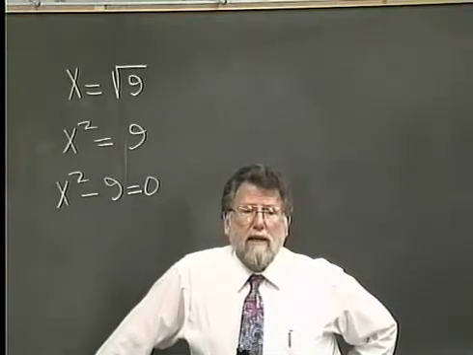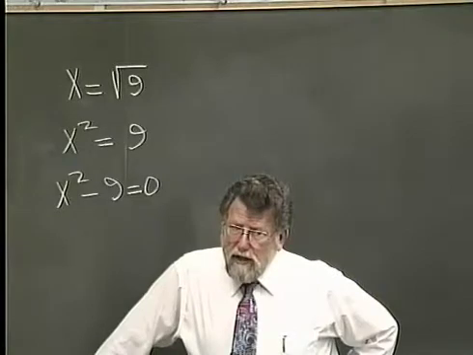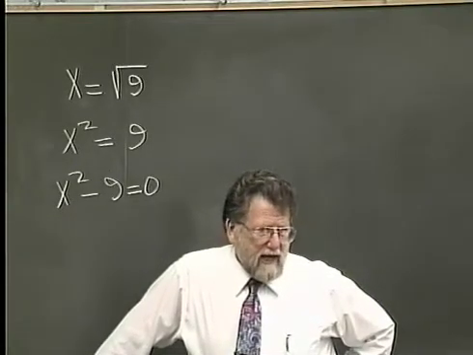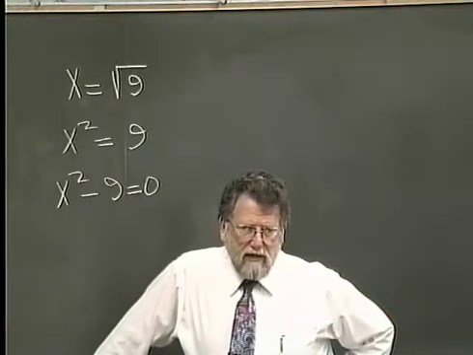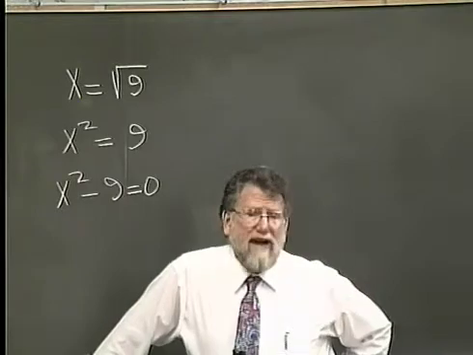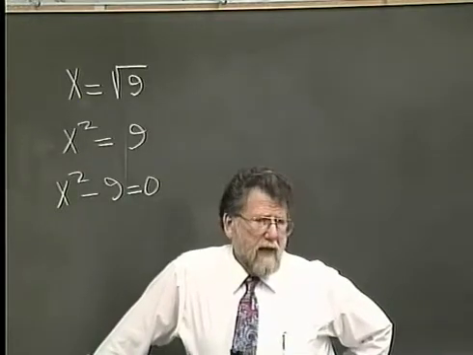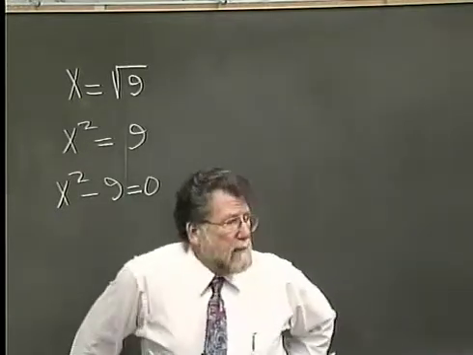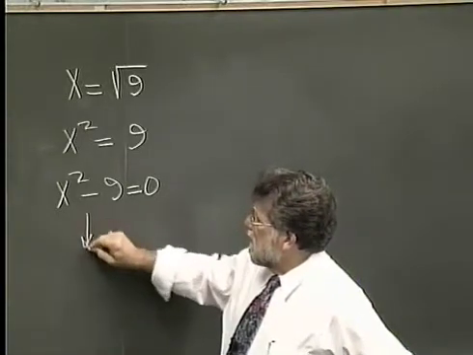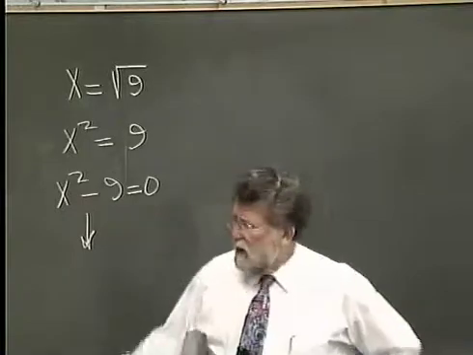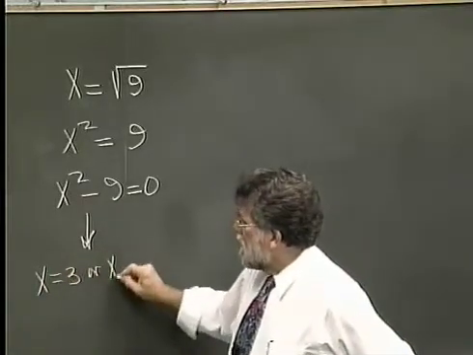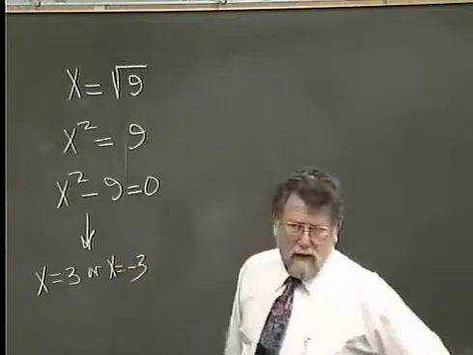This is now a second degree equation in one variable. Not a first, but a second degree. You see the exponent. So we call this a second degree equation. The process that we go through here is going to be called a factoring process. I'm not going to go into that process per se, but out of this, we will get a solution which will say that x is equal to 3 or x equals minus 3.